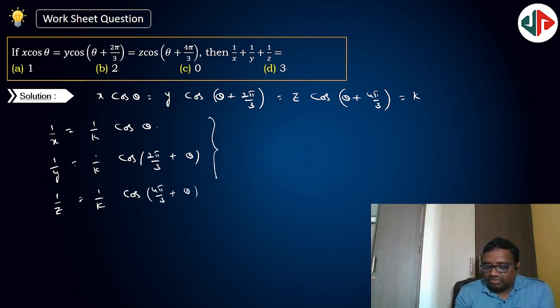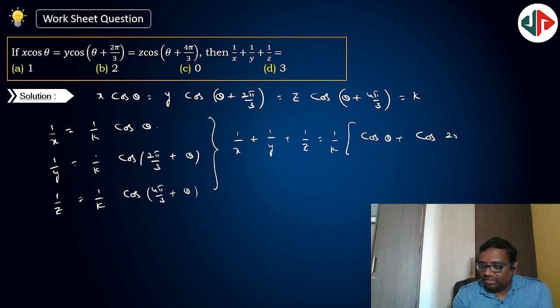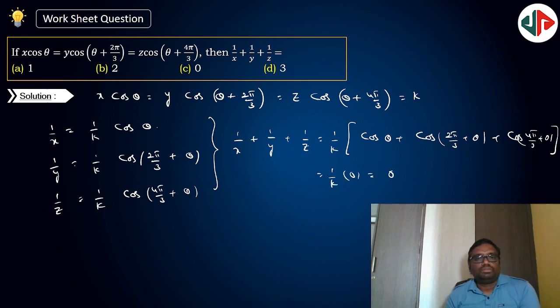Now if we add these three values, 1 by x plus 1 by y plus 1 by z is 1 by k times (cos theta plus cos of (2 pi by 3 plus theta) plus cos of (4 pi by 3 plus theta)). So this value is nothing but 0. So 0 into some finite value is always equal to 0.